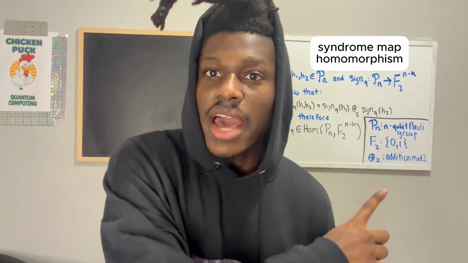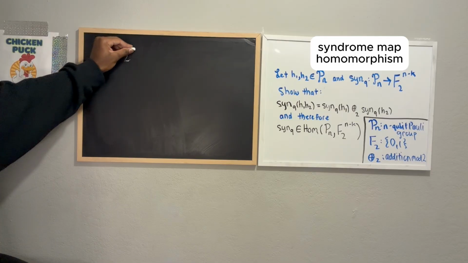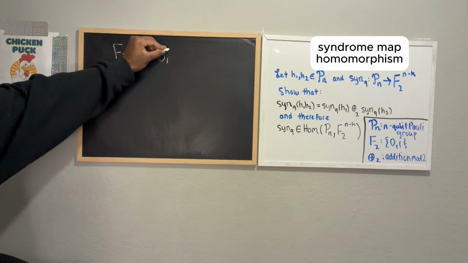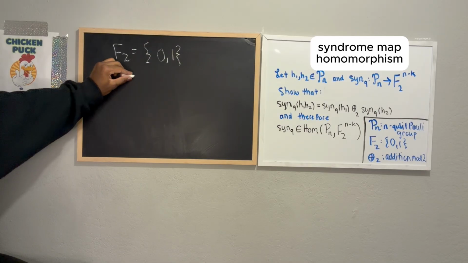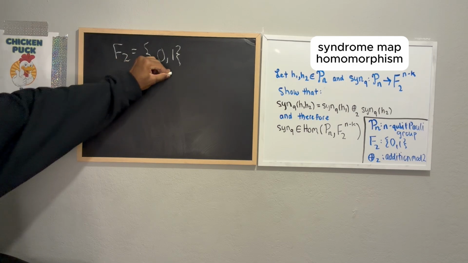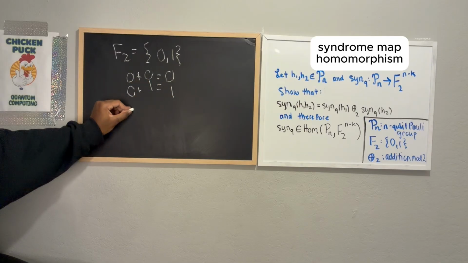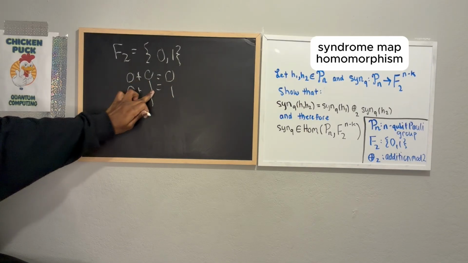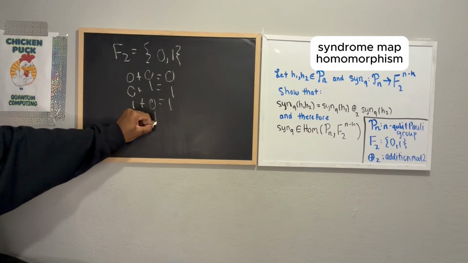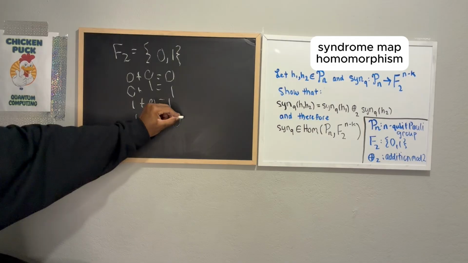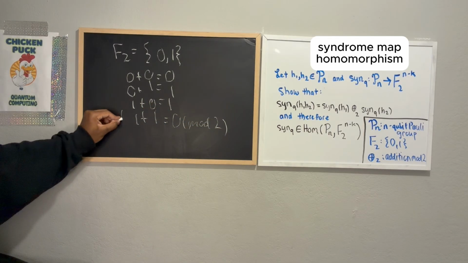So now let's decode this F2 here. F2 is the field containing just 2 elements, 0 and 1, but the arithmetic is modulo 2. So 0 plus 0 equals 0, 0 plus 1 equals 1, 1 plus 0 equals 1, and 1 plus 1 equals 0 mod 2. The last one is especially important.